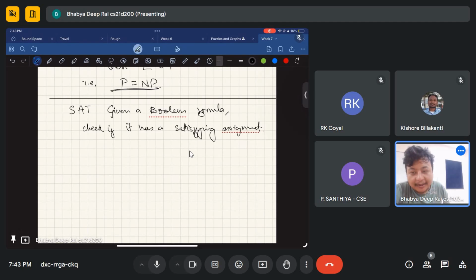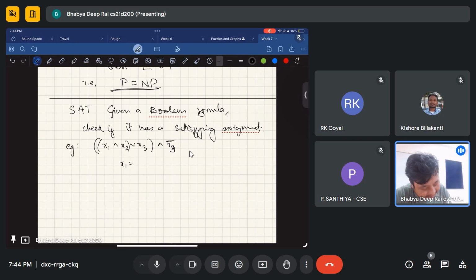For example, x1 and x2 or x3 and x4 x3 complement. So this is the given formula, which I'll call phi. Is it possible to satisfy it?